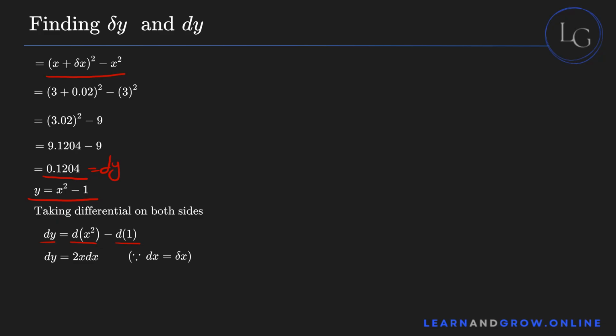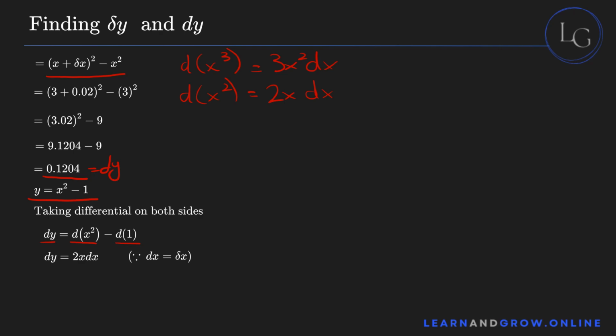For example, the differential of say x cubed would be equal to 3x squared dx. And so for the differential of x squared, you'll apply the power rule, and hence you'll get 2x dx. And the differential of a constant is 0, so that is why we do not consider it.